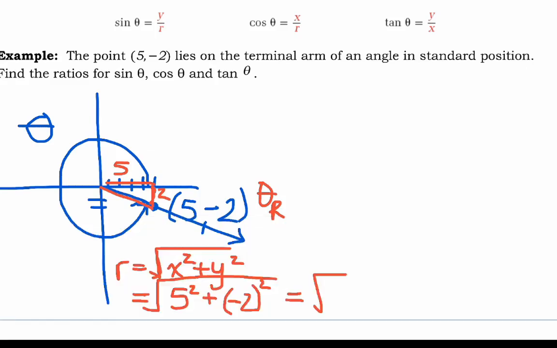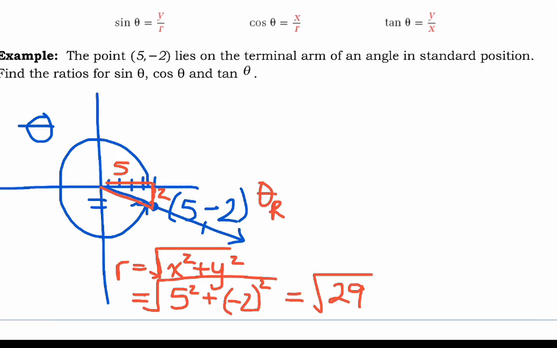So 25 plus 4 is 29. So r is equal to the square root of 29. Now we are not going to turn that into a decimal because root 29 is a non-repeating, non-terminating decimal, or irrational. And so we would have to round it, and that would give us an estimated value. We don't want an estimated value, we want an exact value. So we're just going to leave it as root 29.